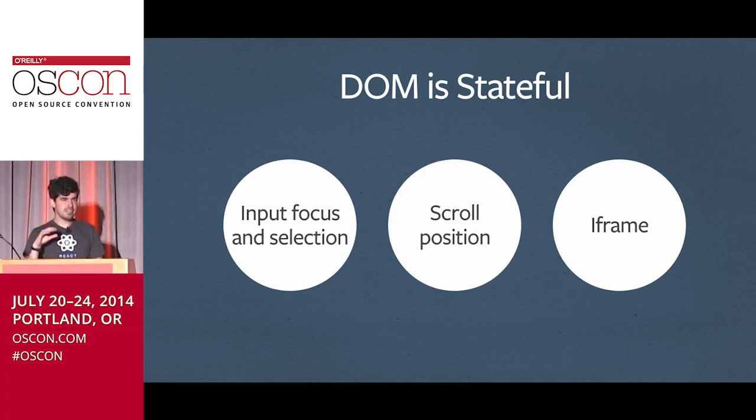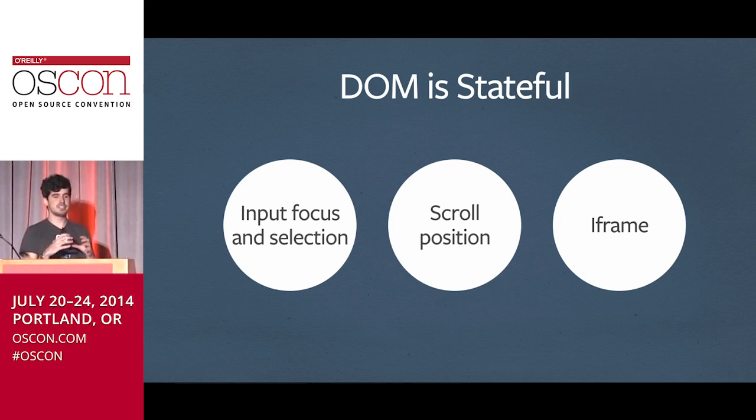We got a lot of minor issues like input selection. Which input is currently focused? If you destroy the DOM and create a new one, you lose the input selection and input focus. And then you get text selection and scroll position, and all of those small things. The reason is that the DOM is actually stateful.